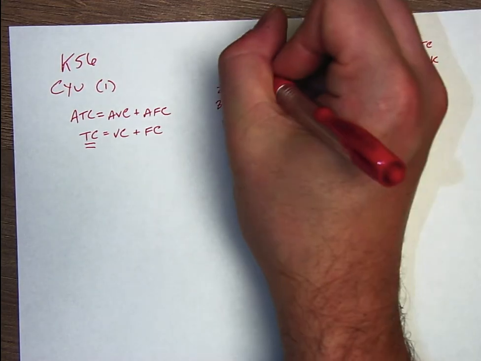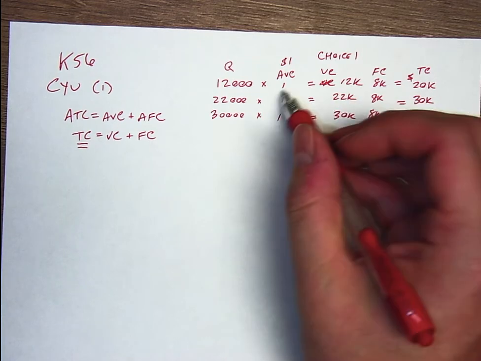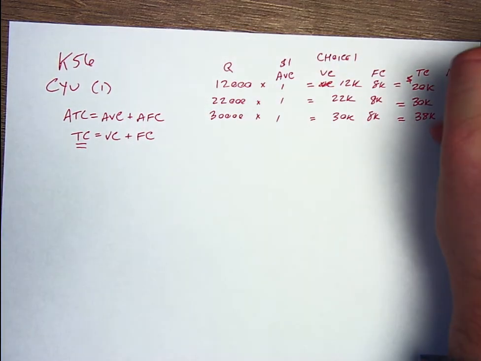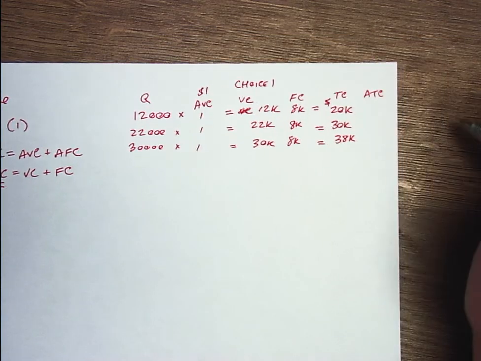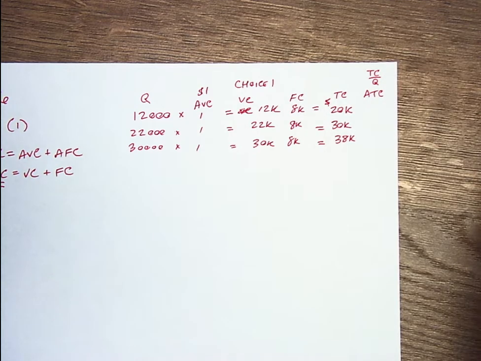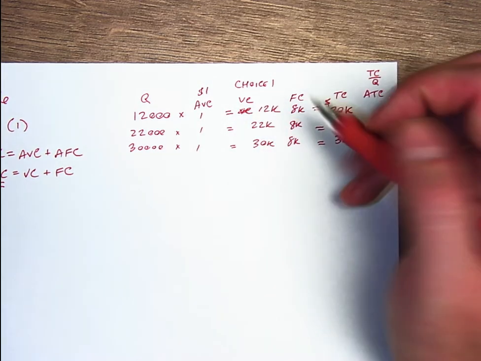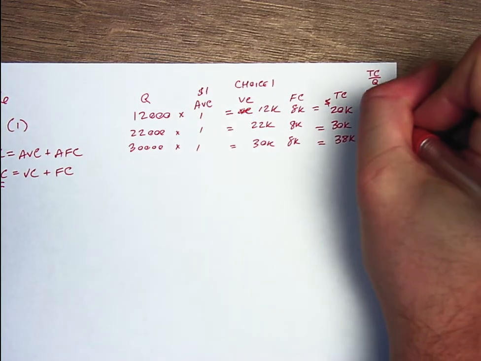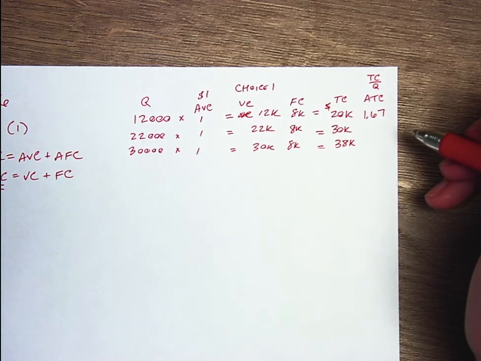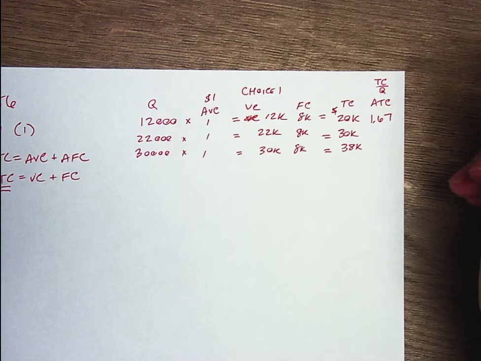So this is like quantity. So for choice 1, ATC is just the total cost divided by the quantity. So the 20,000 divided by 12,000 ends up being $1.67, and then for 22,000, it's the 30,000 divided by the 22,000.